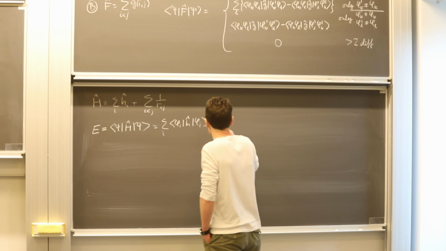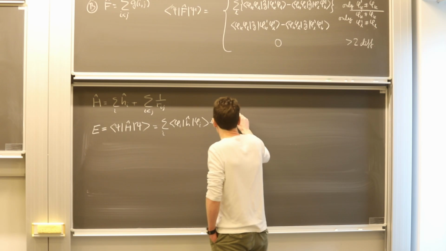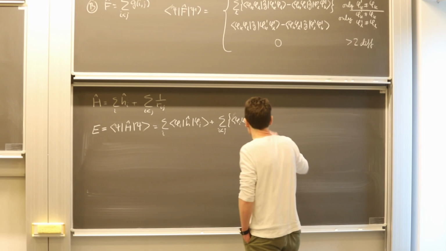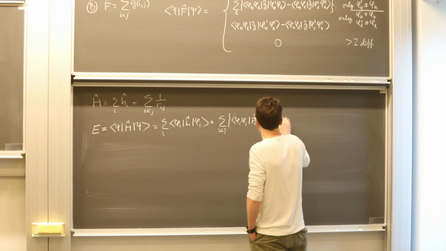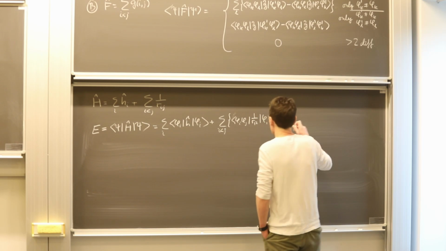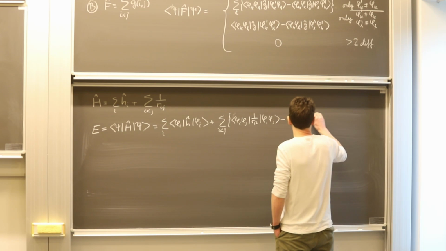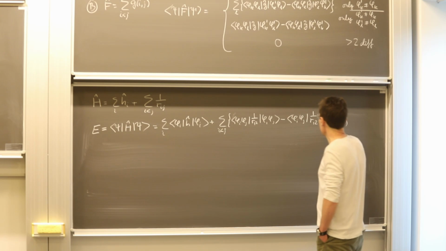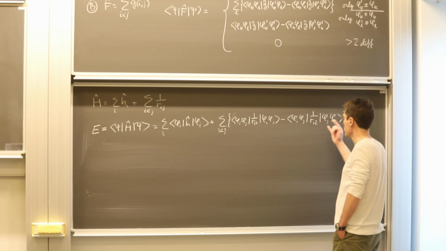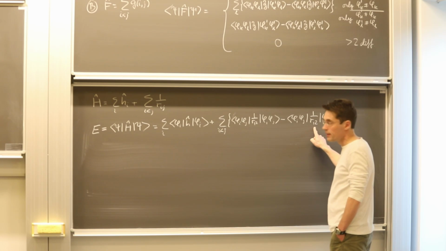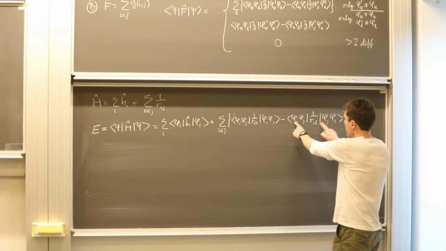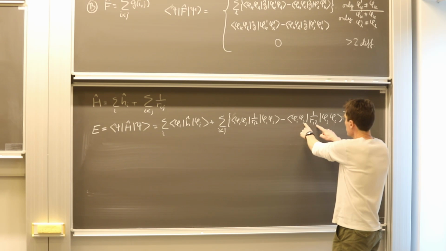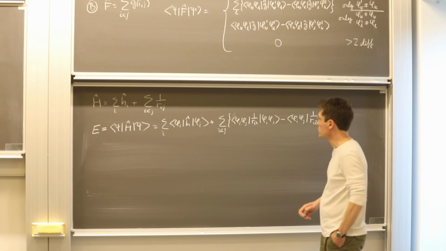We get a sum over all pairs, phi I phi j, 1 over R12, phi I phi j, minus the exchange term, phi I phi j, 1 over R12, phi j phi I. So in this last part, the orbitals are exchanged over here. And the notation here, of course, means that the first orbital has the argument R1, the one in the second place has the argument R2, right? And this is the distance between those two arguments.